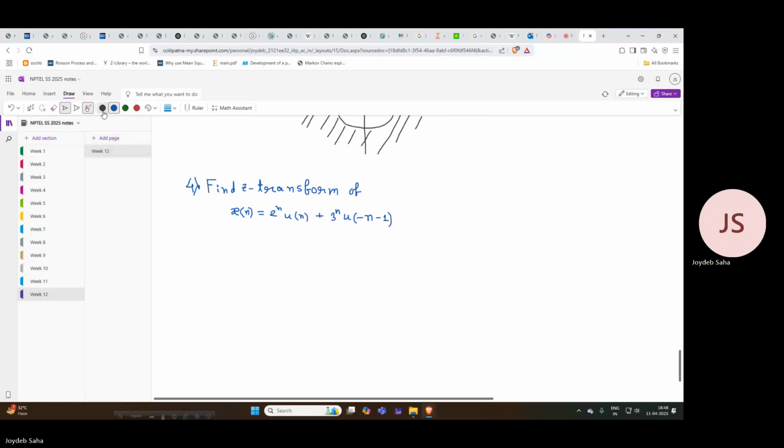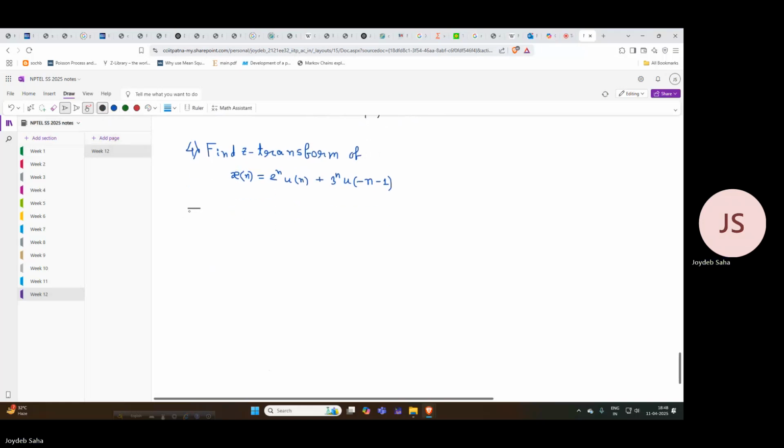Provided x[n] is equal to 2 to the power n u[n] plus 3 to the power n u[minus n minus 1].